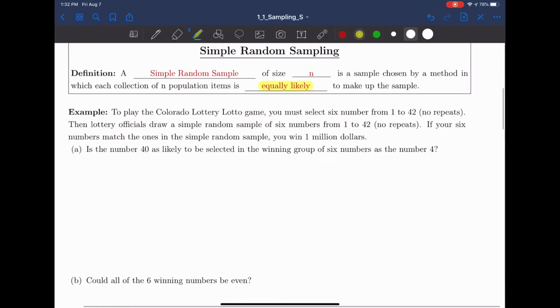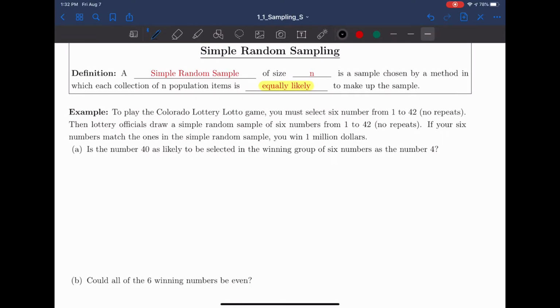So let's say you want to play the lottery. This is a quick example. Let's say you pick 6 numbers from 1 to 42, with no repeats. Let's say you chose the numbers 6, 13, 5, 9, 8, and 36.